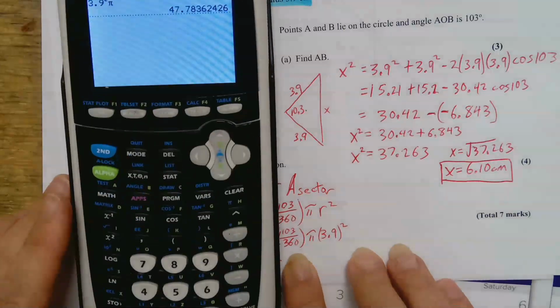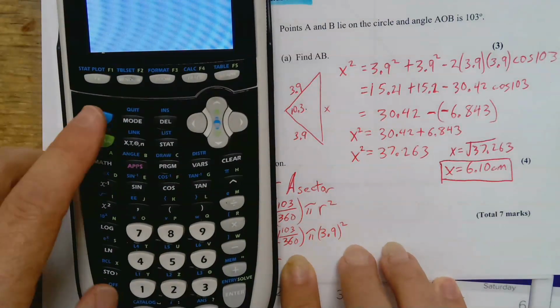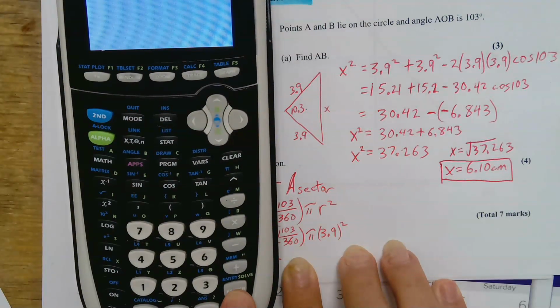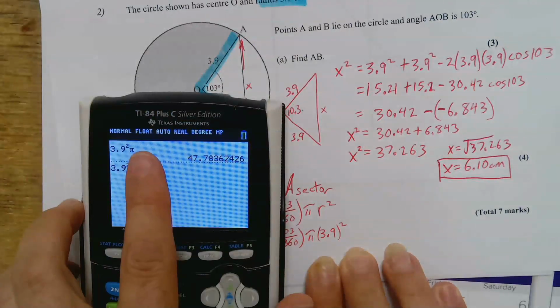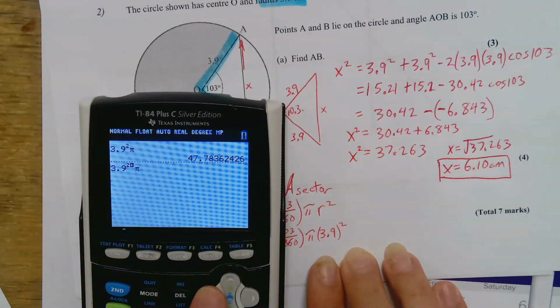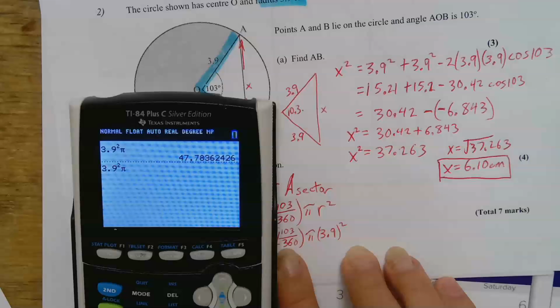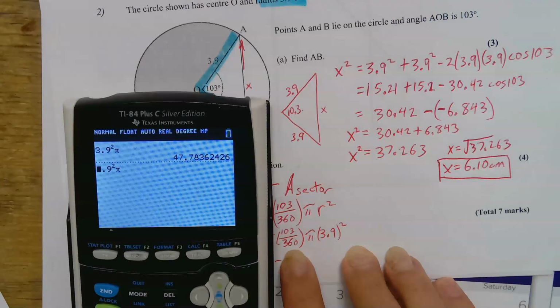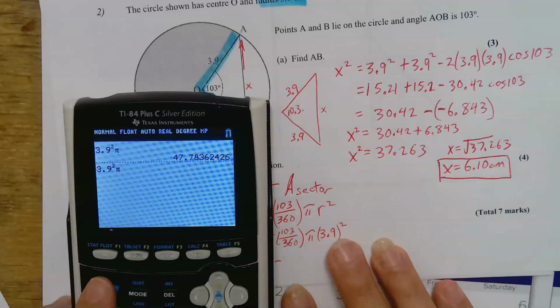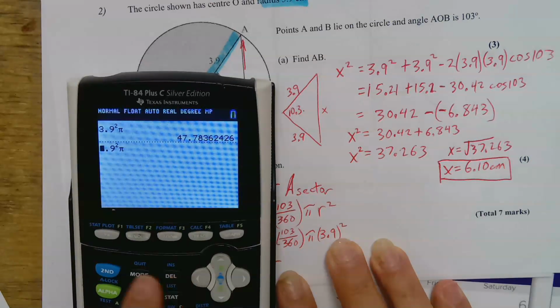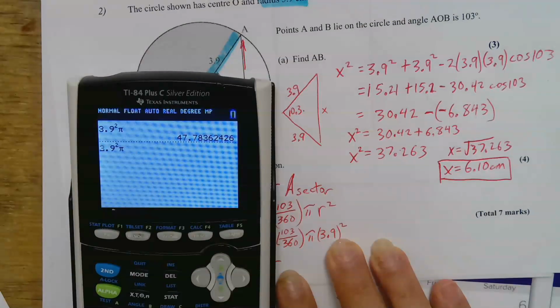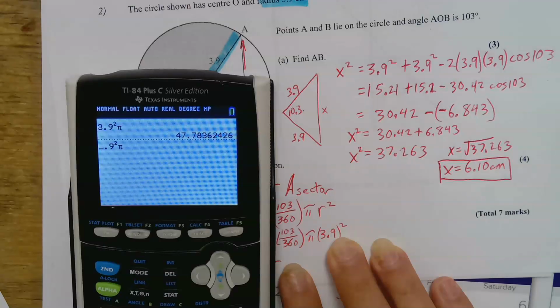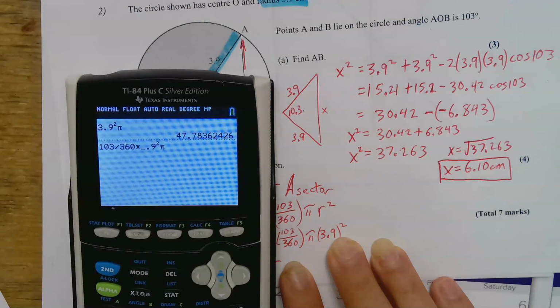Okay, and then the same process, I'm going to show you a trick right here. If I push second enter, it's going to give me that entry that we just typed in. And I also want to multiply that times 103 divided by 360. So I'm going to push second delete. Notice how it says INS. So second delete. And now I'm going to insert 103 divided by 360 times.